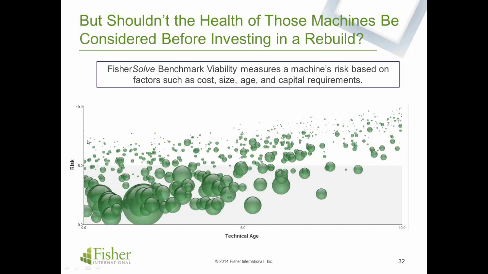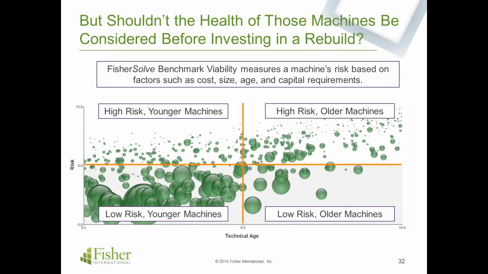So in this view, the y-axis is risk increasing as we go up, and we're also looking here at the age of those machines. So if we divide this graph into quadrants, of course we see the higher risk older machines in the upper right hand quadrant and the lower risk younger machines in the lower left hand quadrant.